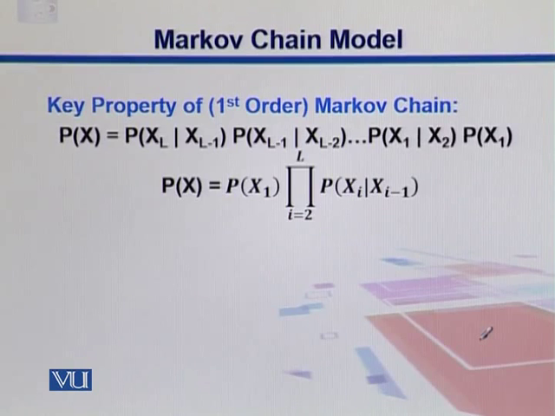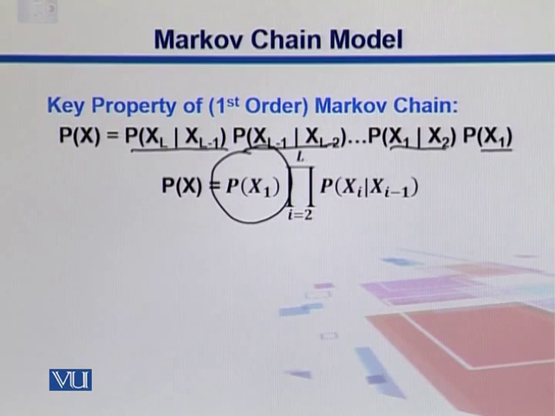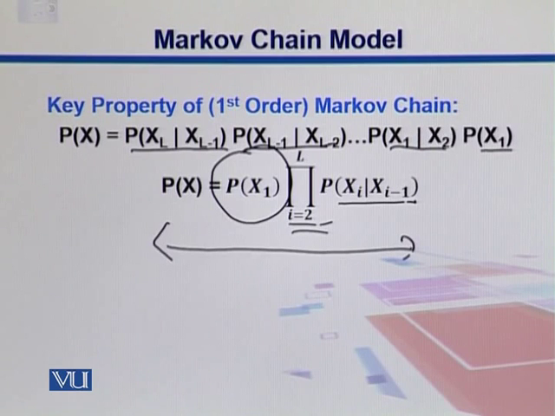So here we can have this equation. xL depends on L minus 1, then L minus 1 on L minus 2, and so on until we reach this one. When we formalize that, this is our initial symbol, the first one, and for the rest of them we can substitute into this equation, which is P(xi given xi minus 1). At any place i depends upon the previous one, which is i minus 1, and this is the product. We start from i equal to 2 up till n. So we can get the probability of a whole sequence using this equation, where we have put in this Markov chain property.